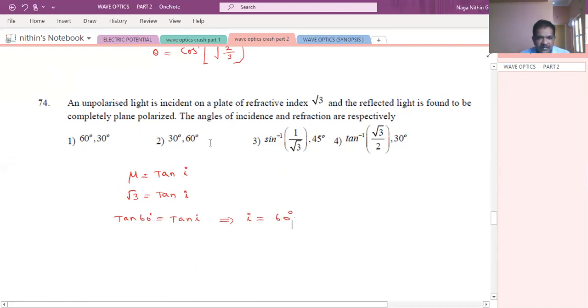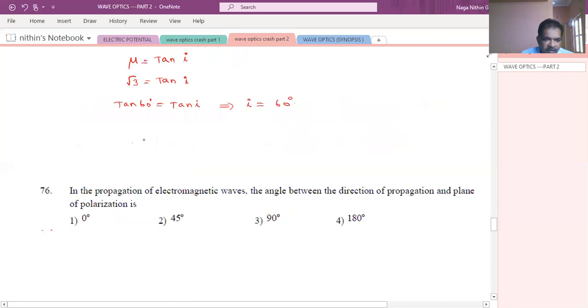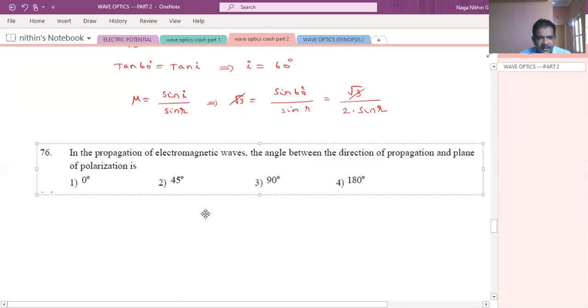Angle of refraction also they are asking me. Mu is equal to sine I by sine R. So here what will happen? Root 3 is equal to sine 60 by sine R. So sine 60 value is root 3 by 2 over sine R. This root 3 will get cancelled.